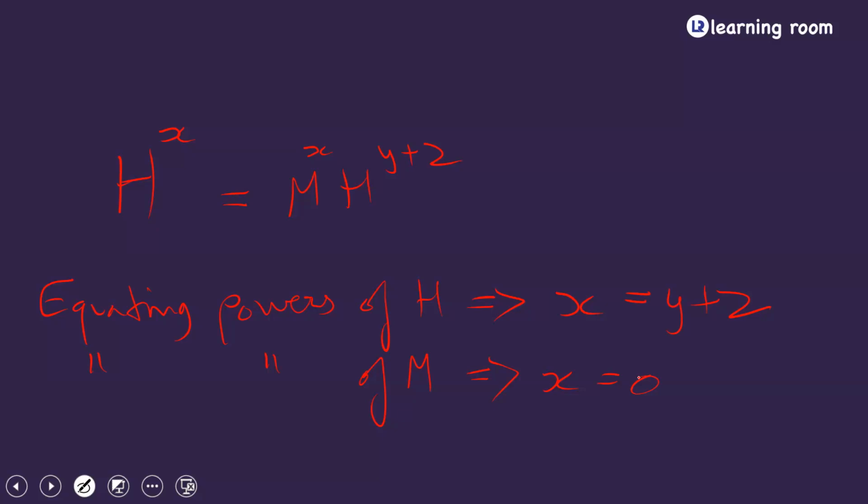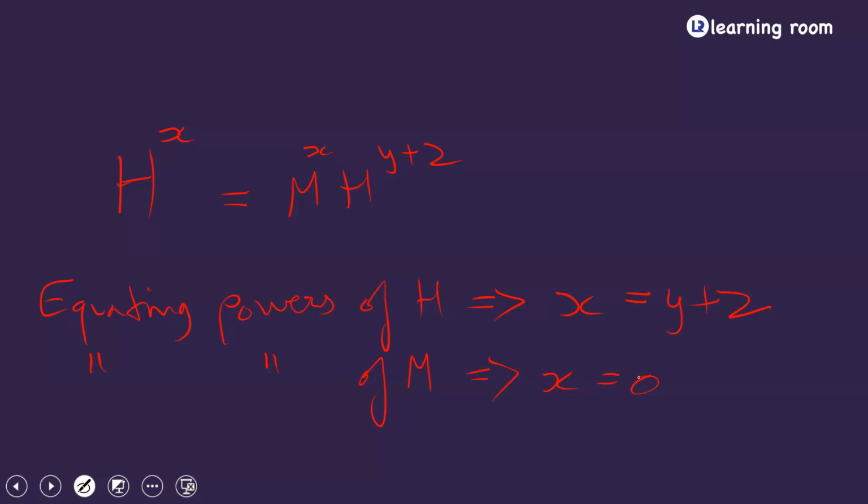Yes. So the idea is this again, that when I have an equation, if I have some quantity on both sides, let's say H, with some power, I can equate the powers. If the equated power gives X is equal to 5 plus 2, I can do that.